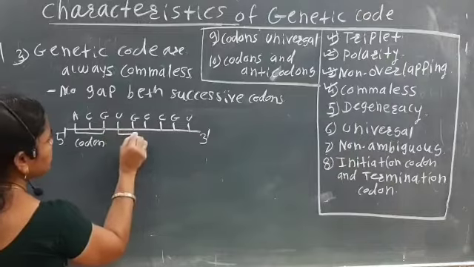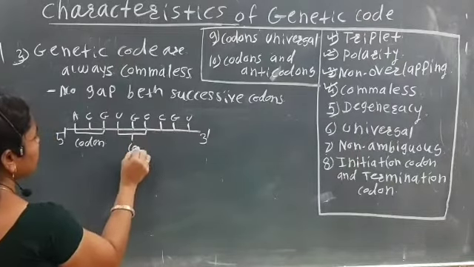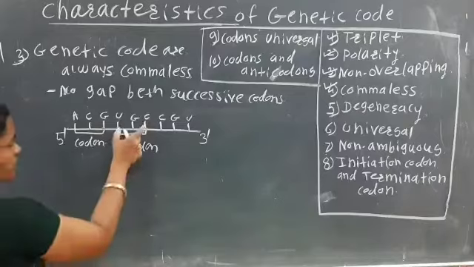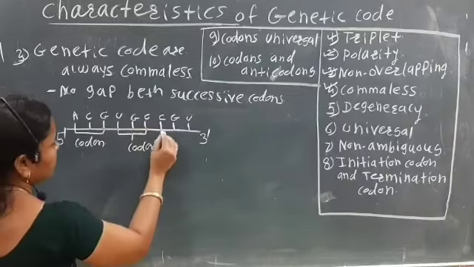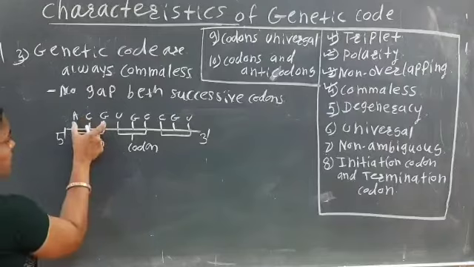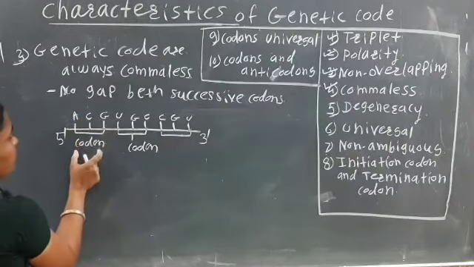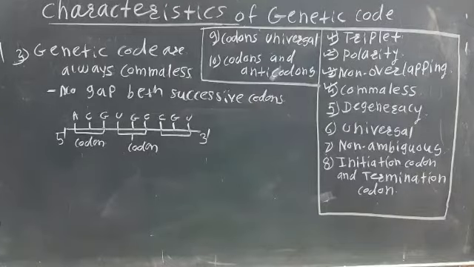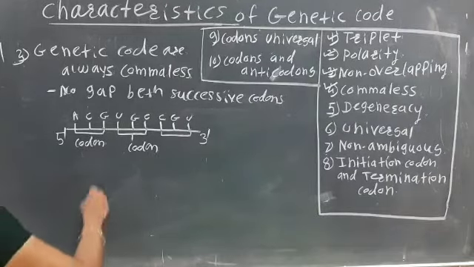Then again the 3 successive nitrogen bases are another codon. This codon specifies one amino acid, and this codon specifies another amino acid. These are known as codons, but in the codon there is no gap. So no gap between successive nucleotides.